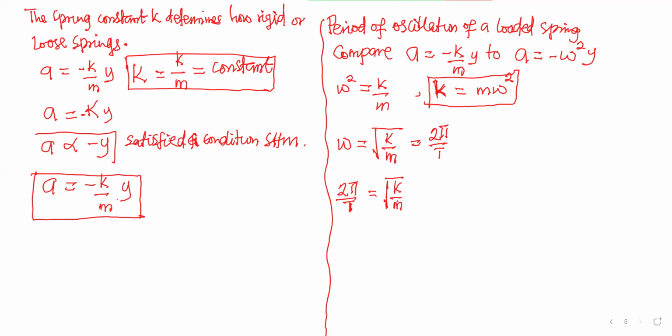T is equal to 2 pi root of M over K. So T will be equal to 2 pi times root of M over K. Ladies and gentlemen, this is the period of oscillation of a loaded spring.